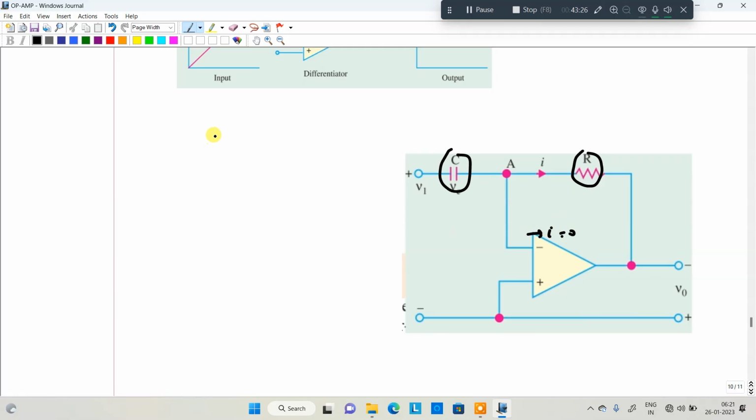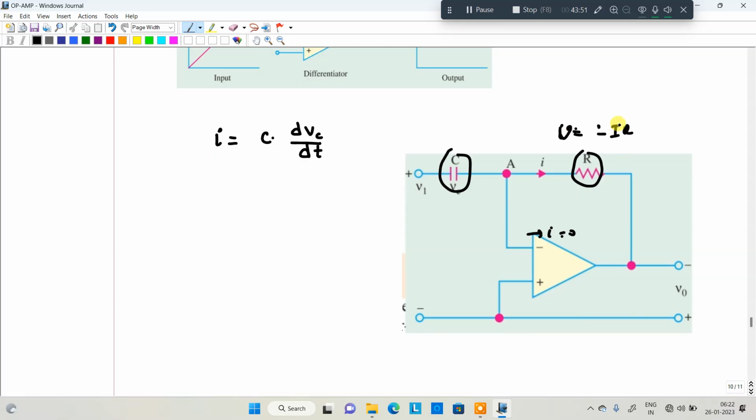This particular current I is equal to C into dV by dt, that is dVc by dt. This is the capacitor current. Both the currents are the same, right? So V is equal to minus I into R.